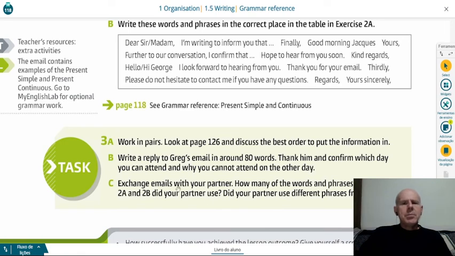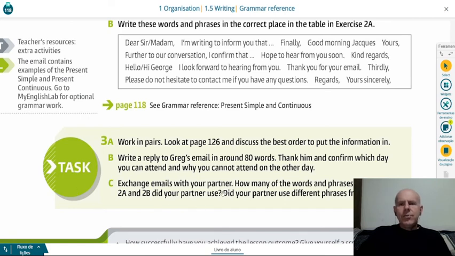Okay, exchange emails with your partner. Well, I'm going to ask you to write the email before the lesson, or if you don't have time, after the lesson, but we are going to talk about what to write in the email, right?